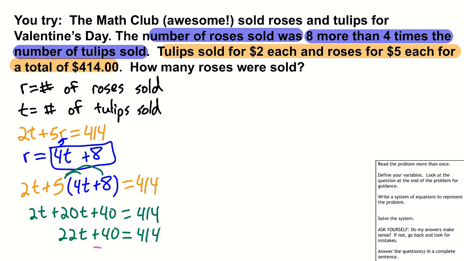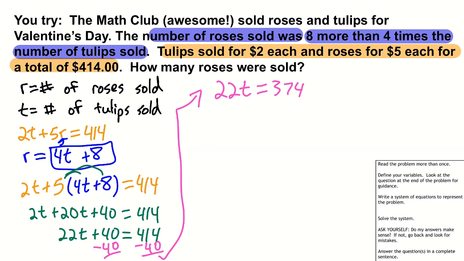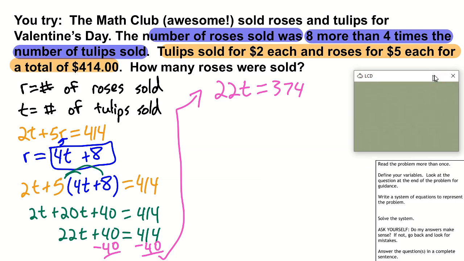I'm going to subtract 40 from both sides. Whoops. And I'll put the result right up there. It is 22t equals 374. Hopefully that's what you got. If it's not correct, please do let me know. That's what I got.